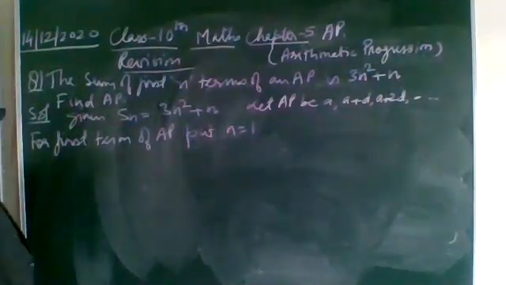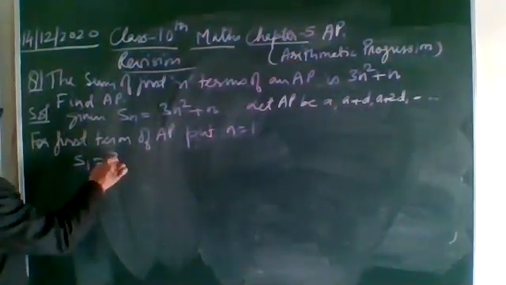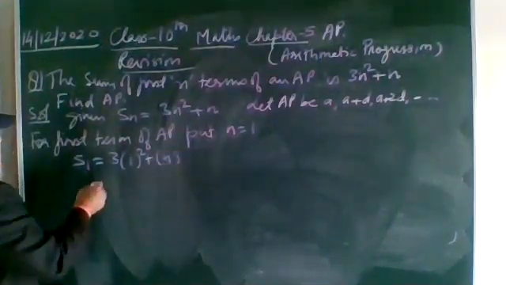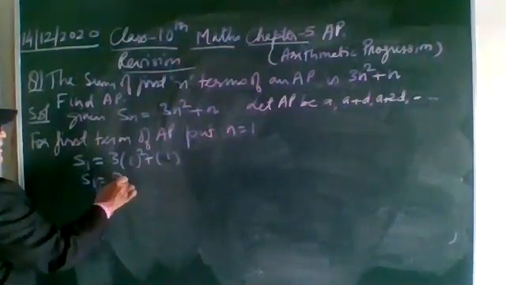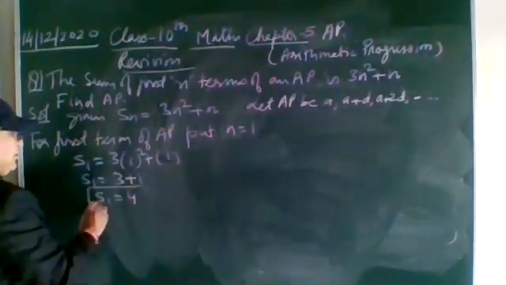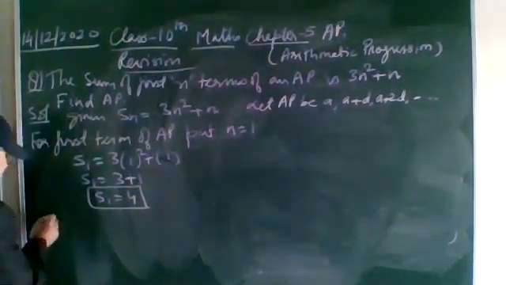Now when we put n equal to 1, S1 will be what? 3 into 1 square plus n, that is n is 1. So S1 is 3 plus 1, S1 equal to 4. So what does S1 tell us?